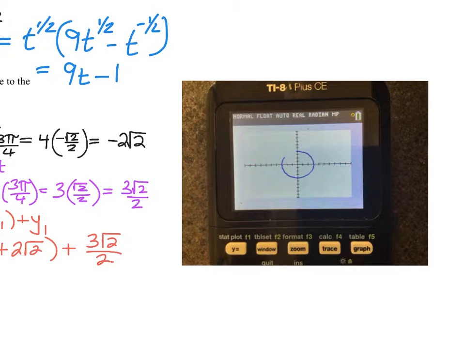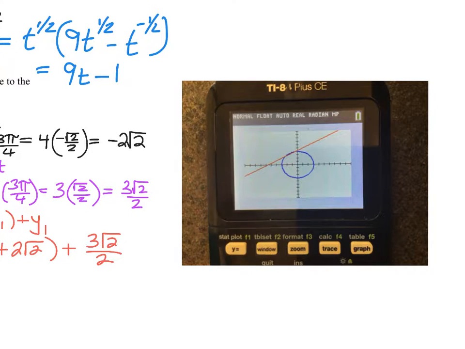So I hit graph, I got my ellipse. Now there's a little bit of a pause there before it starts creating the full-blown graph. What it's doing is graphing this from negative 10 to 10 in terms of seconds. So it's tracing around this ellipse probably a couple times before it starts tracing the curve, the line itself.